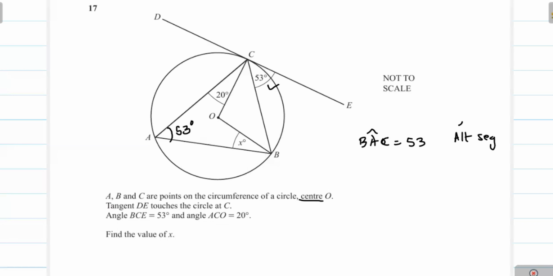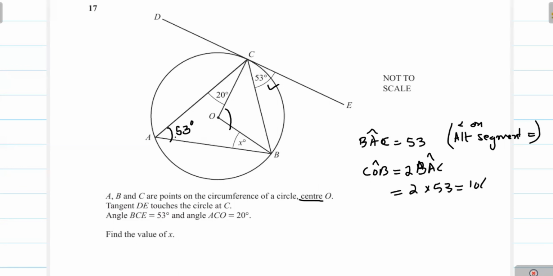You see here this is the chord CB, which makes an angle at the circumference of 53 degrees. Therefore, this chord CB makes an angle at the center COB equal to 2 times the angle BAC. Therefore, we can write 2 into 53, and that value will be equal to 106.